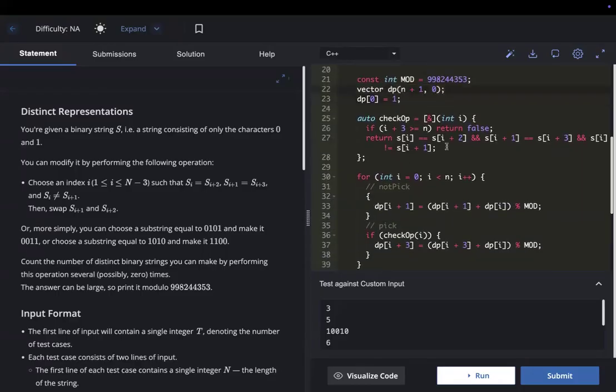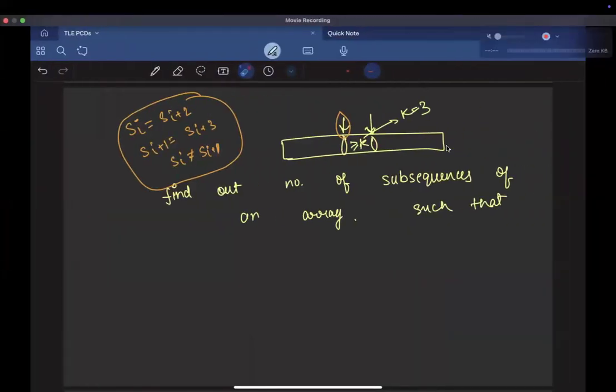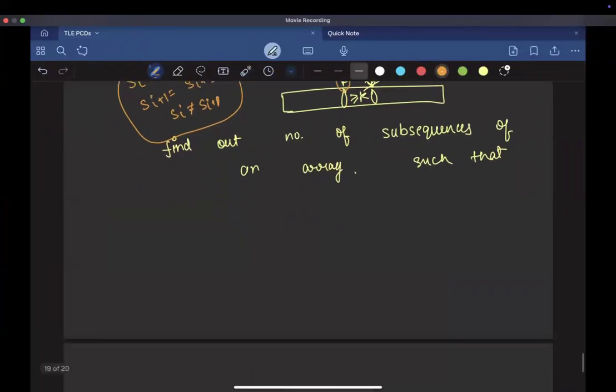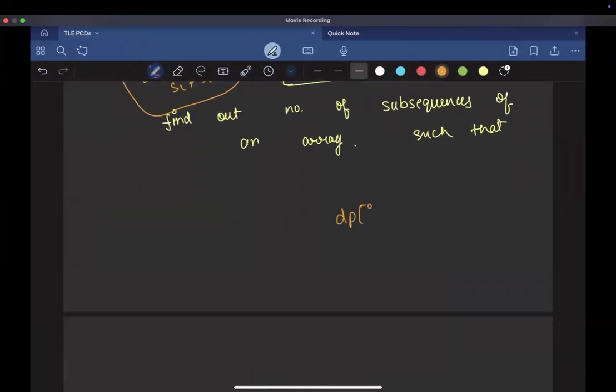Okay, so what is my DP state telling me here? Here my DP i is telling me the number of distinct strings that I can form with the first i characters.